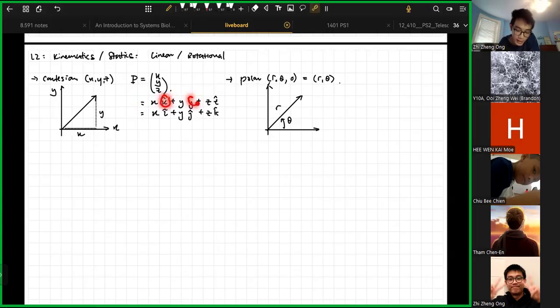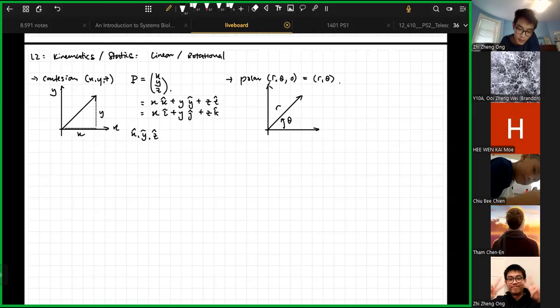This x hat, y hat, z hat represents the unit vectors. Oh right, I forgot to mention unit vectors. Whenever you see something with a hat, it always has magnitude equal to one. It's only there to represent orientation. The hat vectors are there to represent orientations and orientations only, which is why they're so useful.